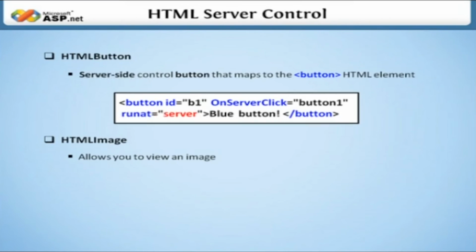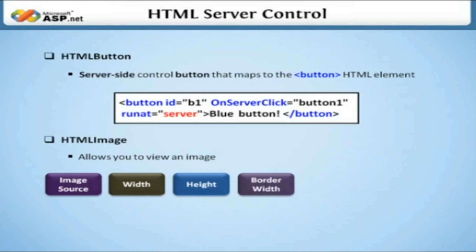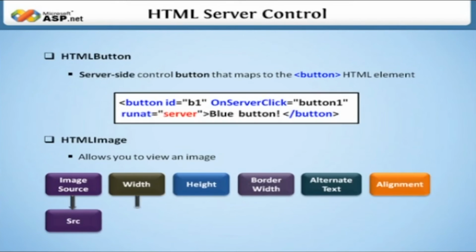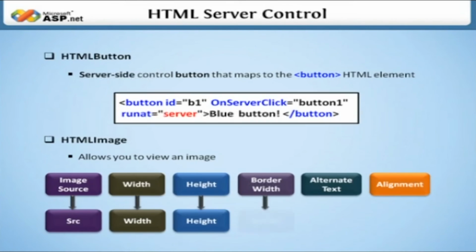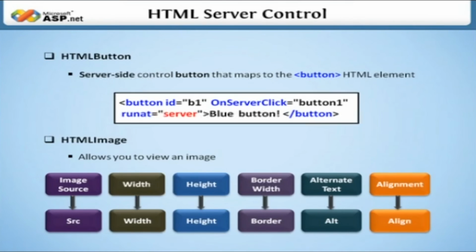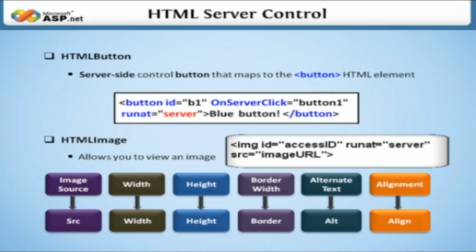In addition, you can set and retrieve the image's source, width, height, border width, alternate text, and alignments by using the src, width, height, border, alt, and align properties of this ASP.NET HTML server control. The HTML image control does not require a closing tag. The syntax for creating HTML image control is as such.